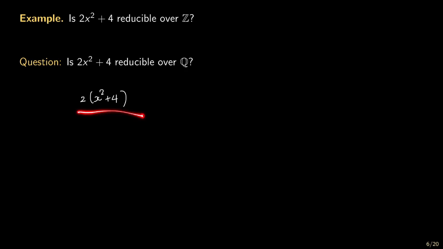So therefore, this is just a trivial factorization, unlike when you do it over Z. Okay? So this is not what we want when we say we factor over Q. So actually, this is irreducible over Q. No. Pero over Z, it is reducible.